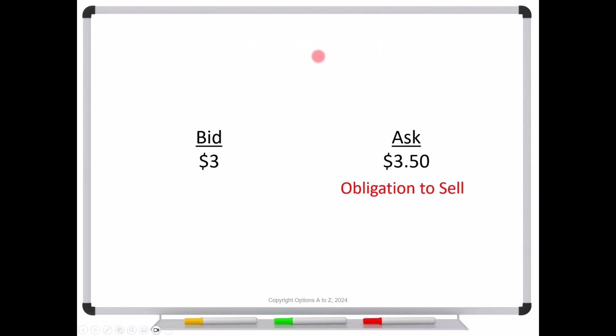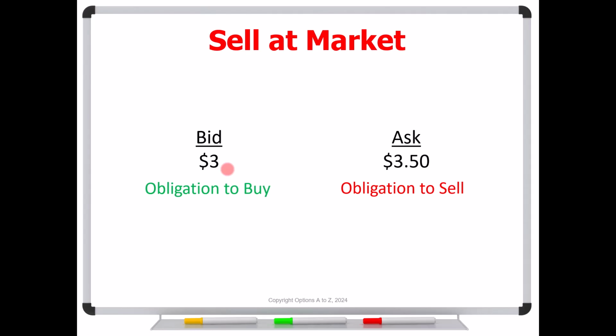On the other hand, let's say that you want to sell at market. Some new information hits the market and you want to sell. Well, the current bid is 3. So whoever placed this bid has the obligation to buy. So I can quickly change my decision to say, I've got to sell. This person isn't going to have that same luxury. He's going to get picked off immediately.